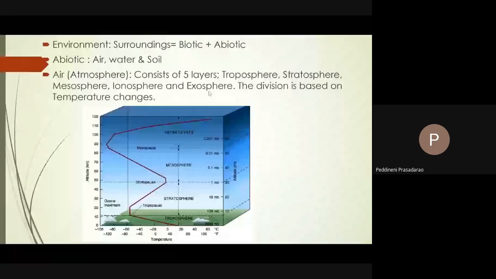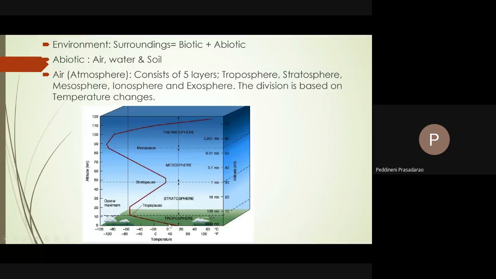It is the temperature which is the yardstick for making this big atmosphere into small layers like troposphere, stratosphere, mesosphere, thermosphere or ionosphere, and exosphere. This is the information which I would like to provide before I go further.